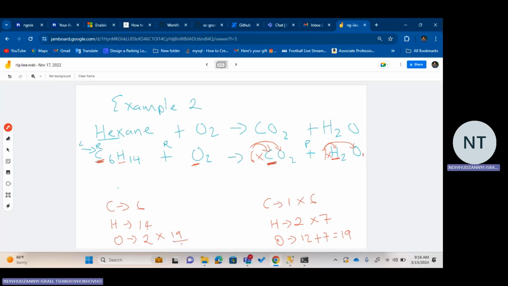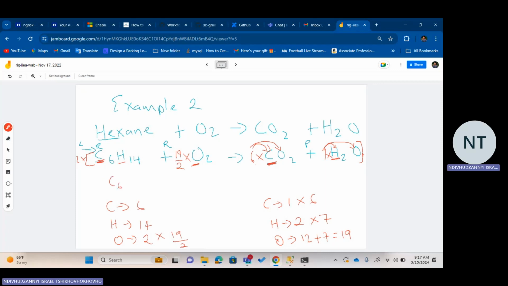So you multiply by 19 divided by 2. To simplify the fraction, we multiply by 2 throughout. So it's going to be 2 multiplied by the whole molecule.